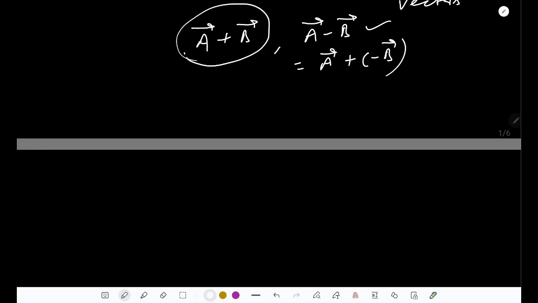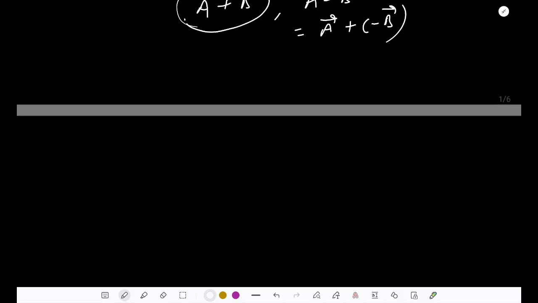generally use two methods. One method is based on force, that is when you say there are two forces A and B acting on a single point, that means their tails are joined.